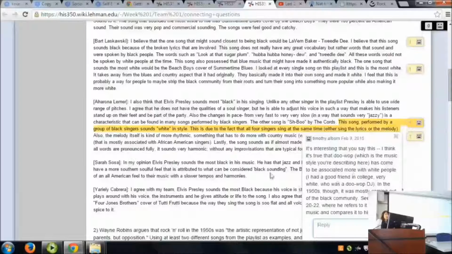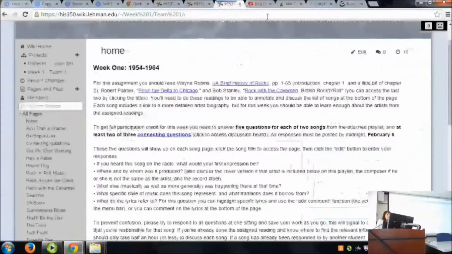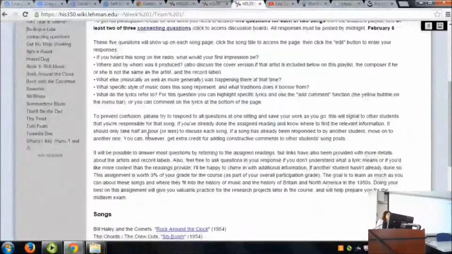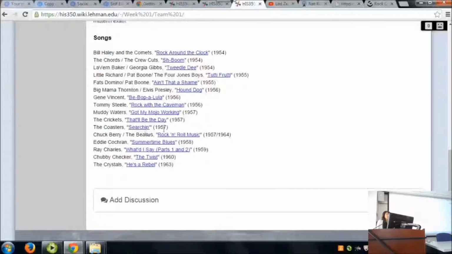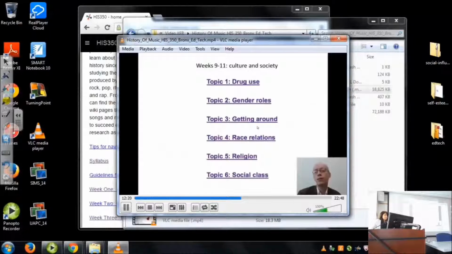And then again, having this group effort, having individual responsibility. You can just see, having to go through all the songs, where the connections were.